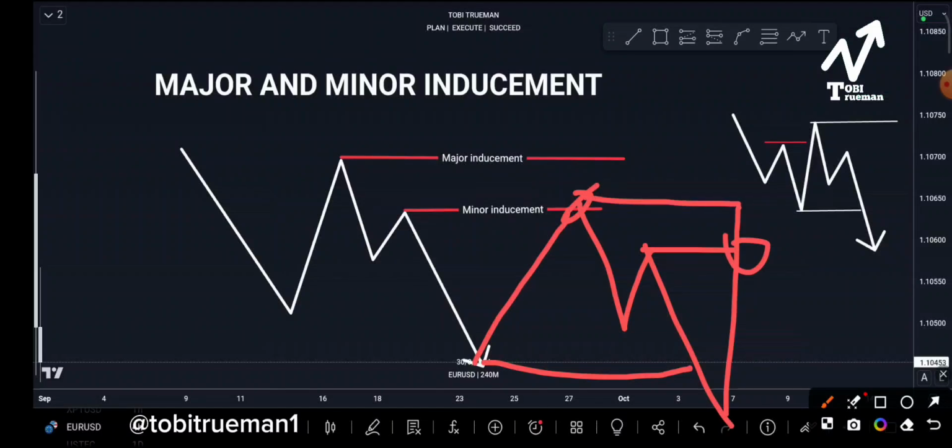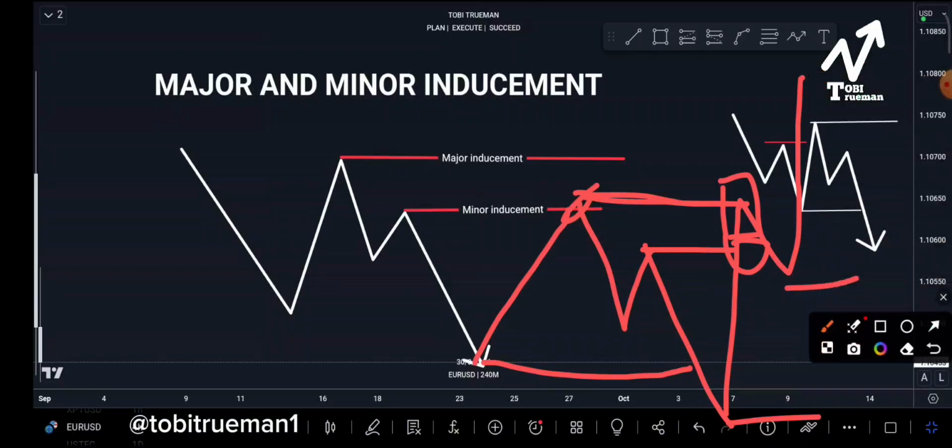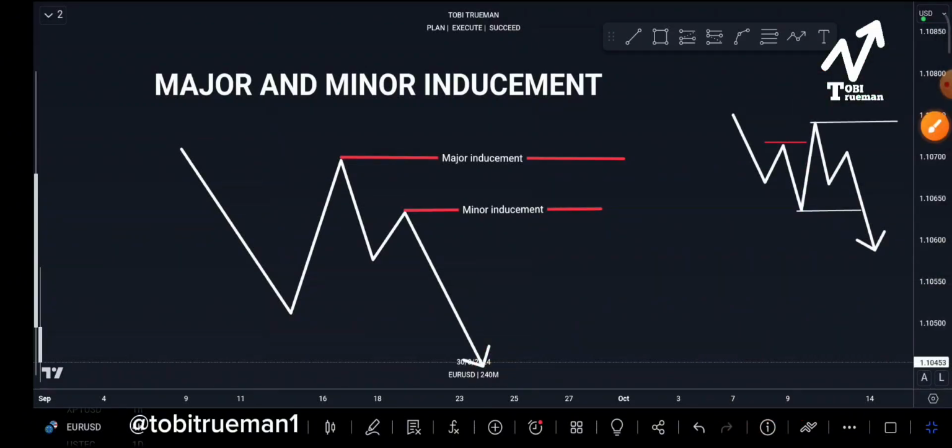If there's no entry, price can come to this high point, which is the major structural high. Price can give us probably our candlestick body closure, and this will now become another change of character. You now see price will begin to go upward. It's very simple as that. An example of what I'm talking about.